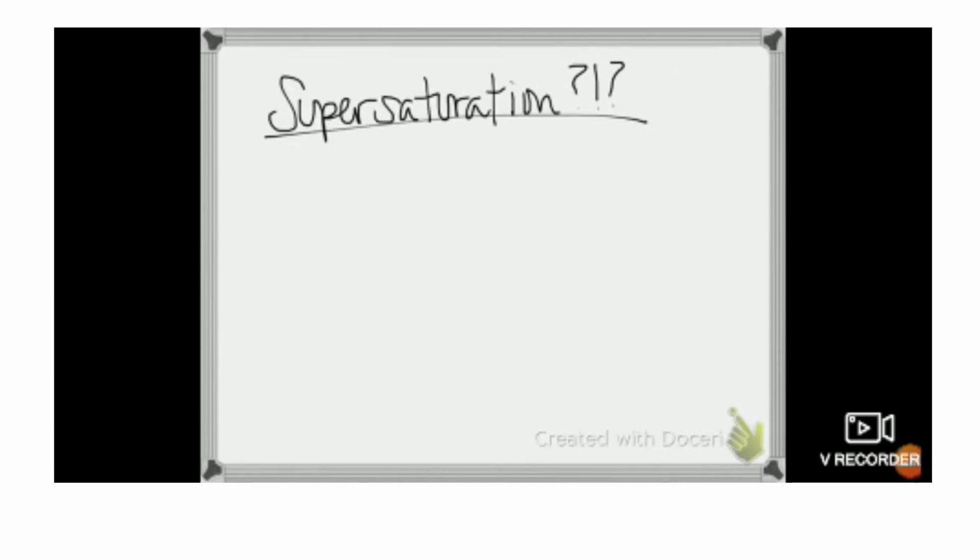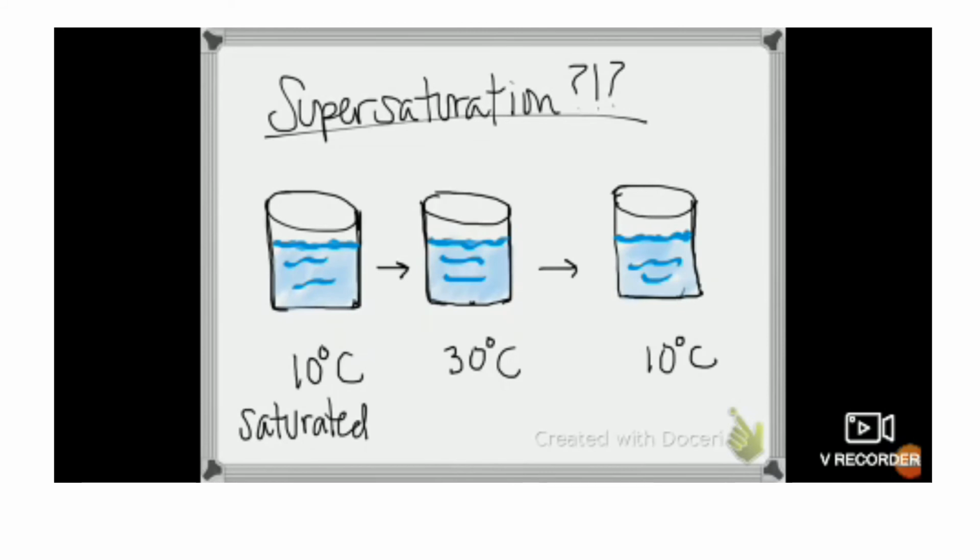Supersaturation? Oh no! One more term. Let's look carefully at what supersaturation really means. Let's say that I have a solution that's saturated at 10 degrees Celsius. I've got all the solute in there that the solution can possibly dissolve. It can't take another molecule. Well, what if I heat the solution to 30 degrees Celsius? And now it's got a larger capacity for dissolving solute.